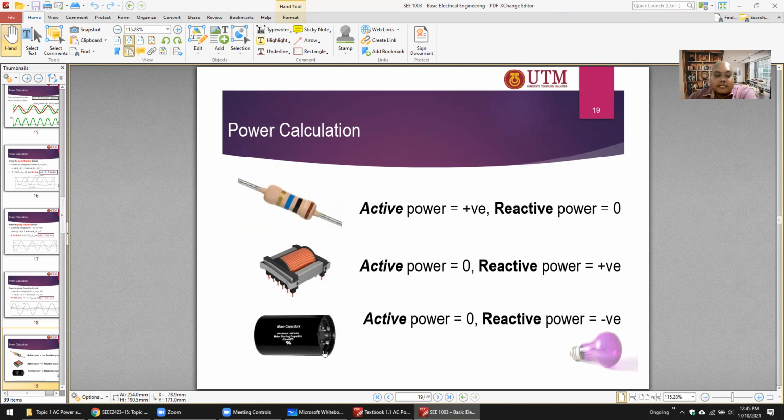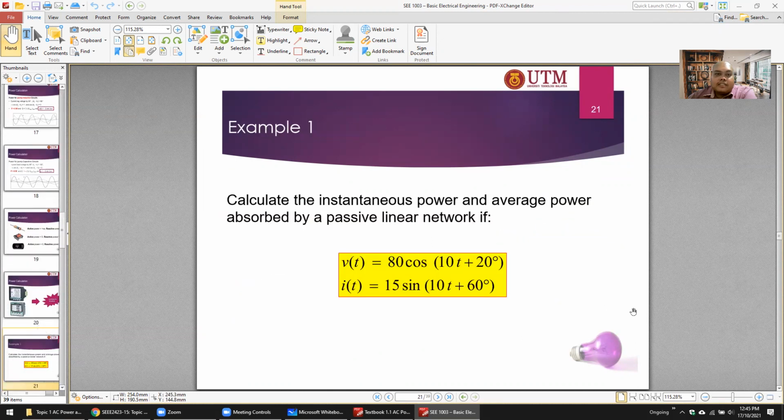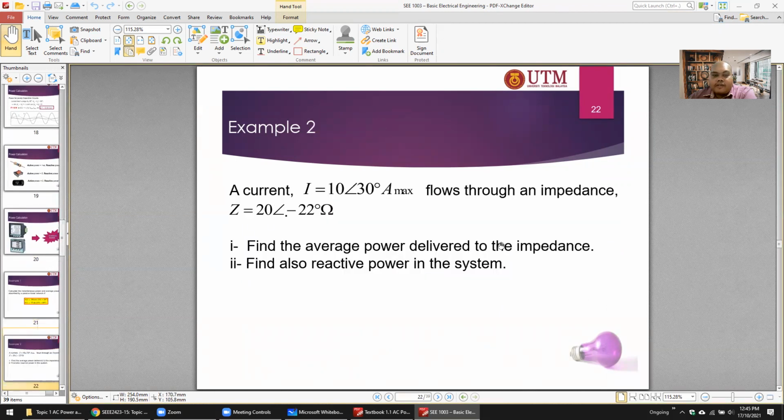But for the capacitor, this is the image of the capacitor. Active power is also 0, but reactive power is negative. So that is the relationship between average, reactive, instantaneous, and apparent power. So how to calculate?